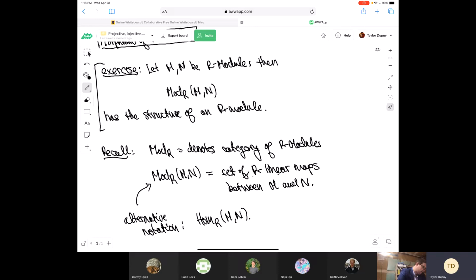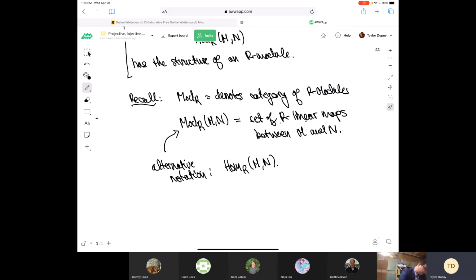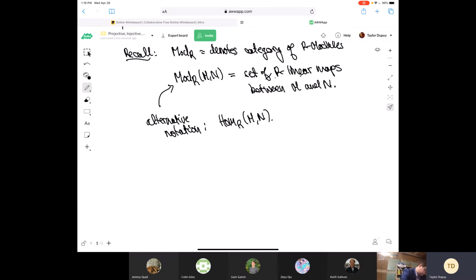Okay, and so the proof idea is pretty basic. You just need to check linearity.